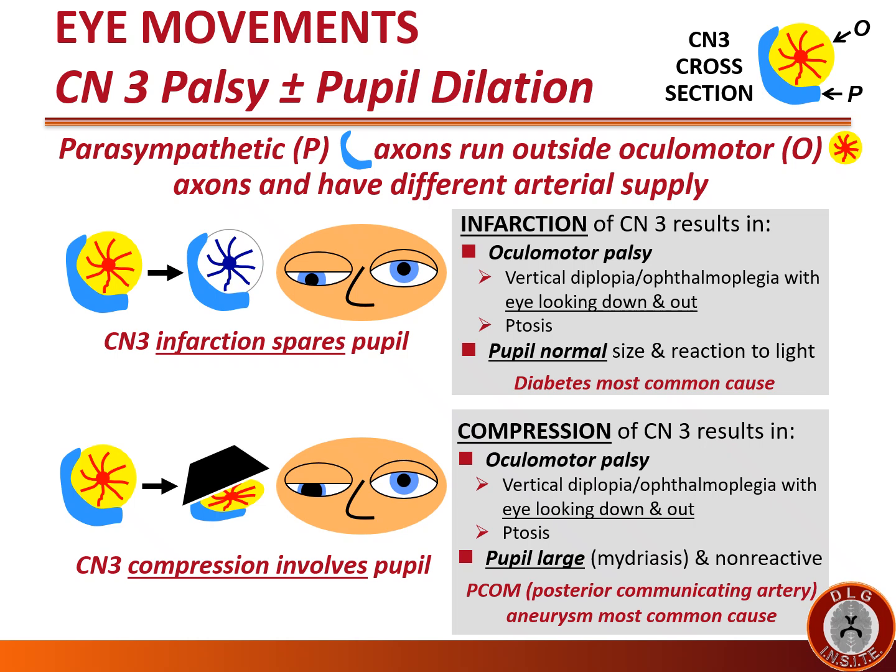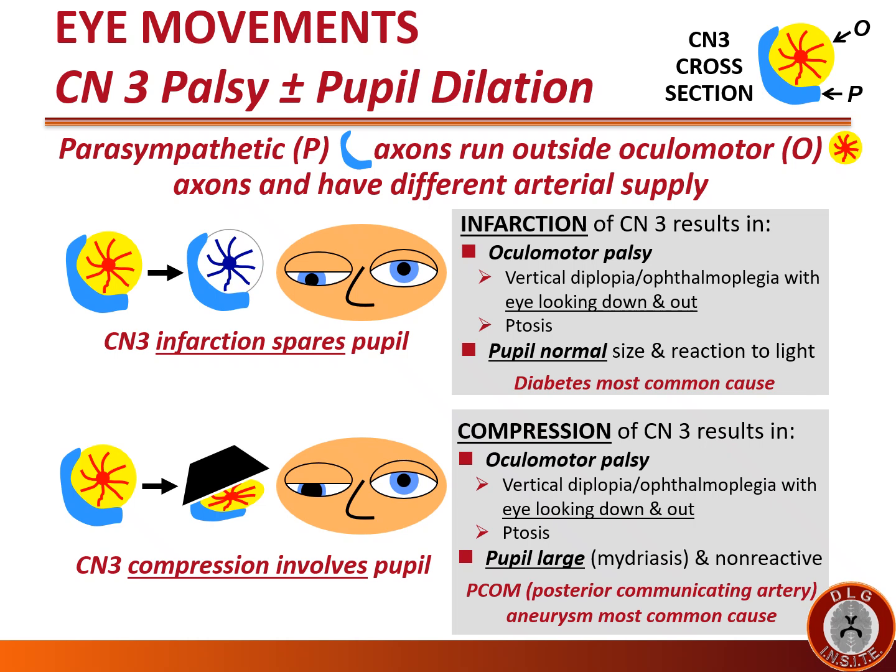Within cranial nerve 3, the oculomotor component, the component that moves the eyeball muscles and the eyelid, runs separately from the parasympathetic component, that starts in the Edinger-Westphal nucleus specifically. The parasympathetic axons run outside, like a cap, outside the oculomotor nerve, and have a very different arterial supply.